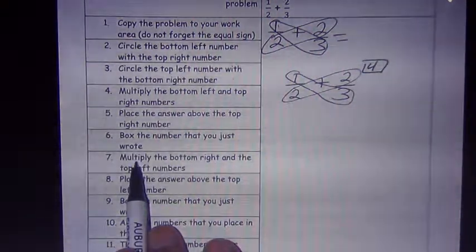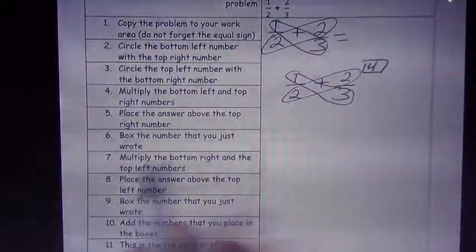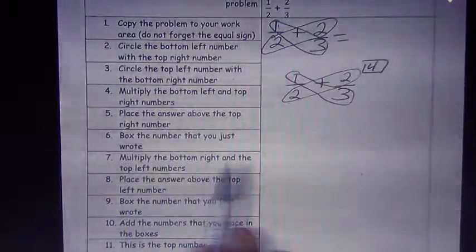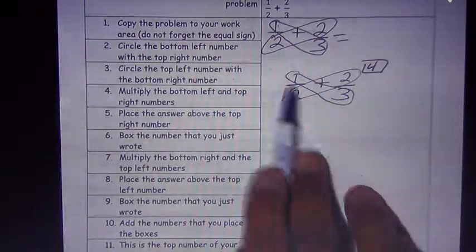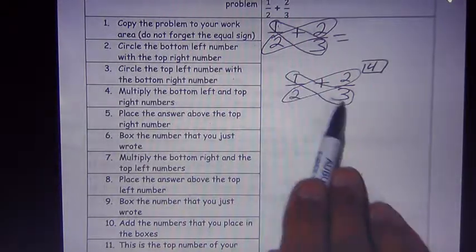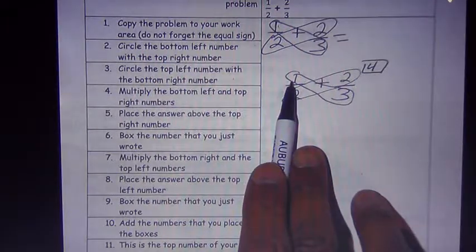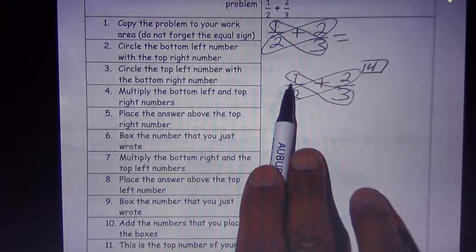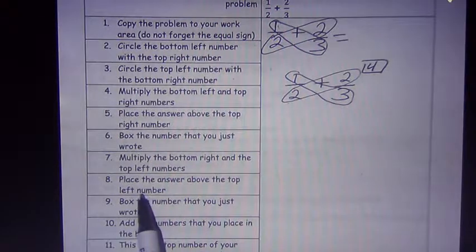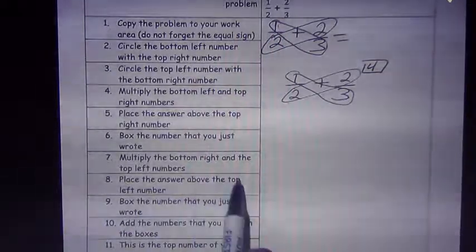Now I'm down here on step number 7. Multiply the bottom right and the top left. 3 times 1 is what I'm going to multiply. 3 times 1 is 3. It says place the answer above the top left number.